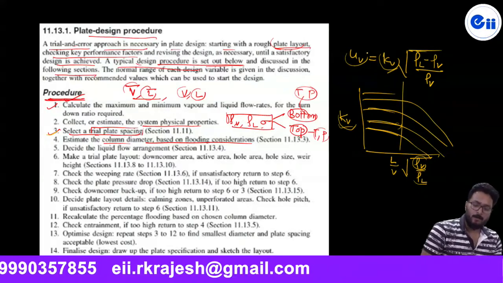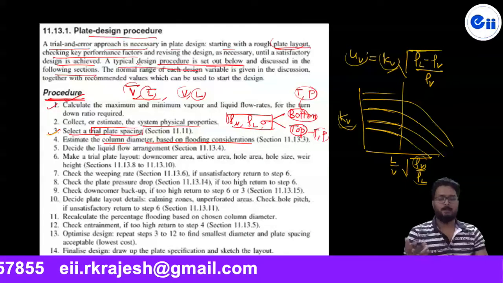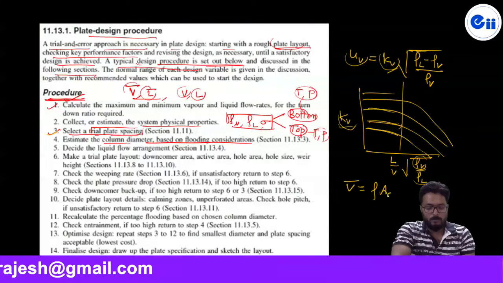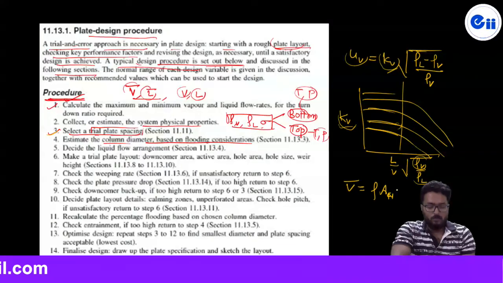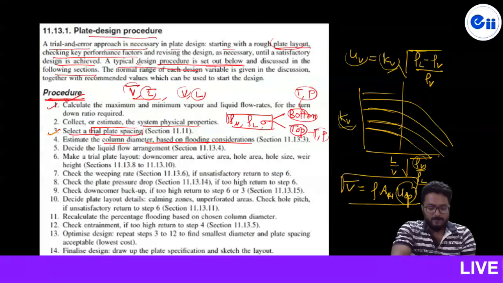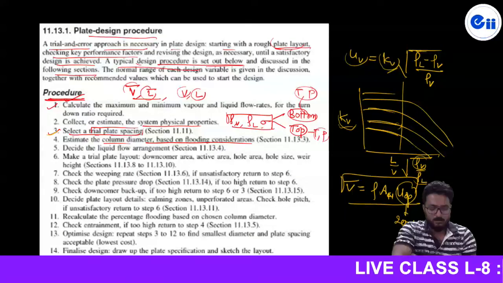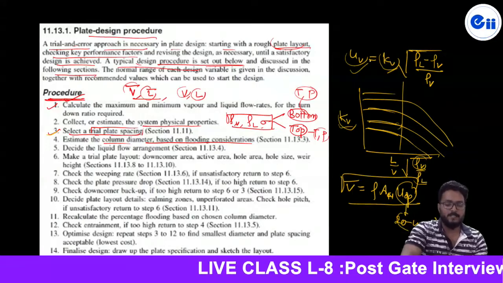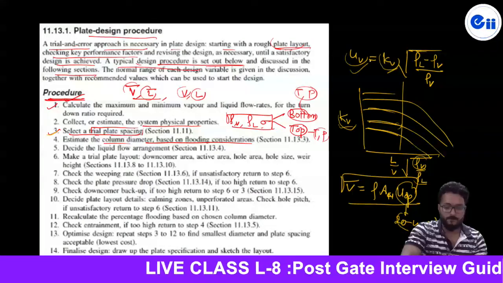On that basis we should calculate the diameter, because I told you V bar is equal to rho into net area into operating velocity. And this operating velocity is somewhat, let's say, 20 to 40% of flooding velocity. Flooding velocity we have already calculated by knowing the plate spacing and the physical properties of the fluid.